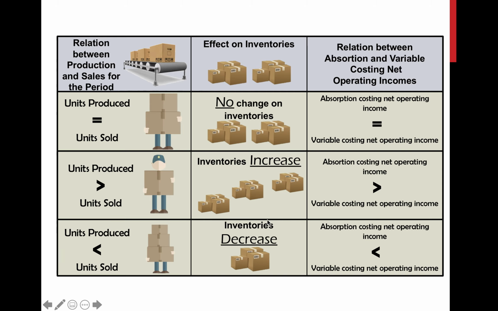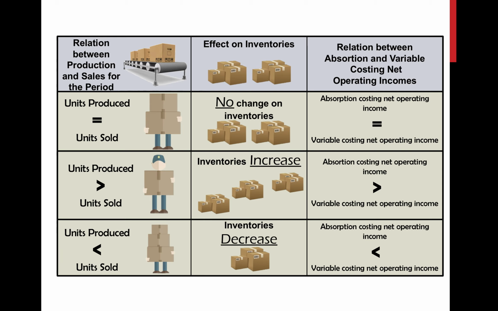The other way around, when you produce less than the units sold, you have a decrease in inventory. And remember those costs that you sent to inventory in the past for gathering more merchandise. What happens when you produce less than the units you are selling? You decrease your inventories.